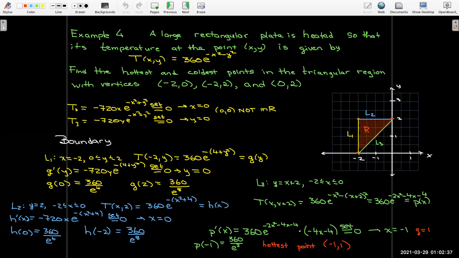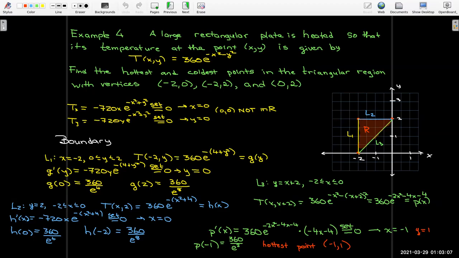So here's a case where if I looked at p of 0, that should be the same as g of 0. And if I looked at p of 2, that's the same as h of 0. All right, so now I've got all my temperatures on this region to consider.